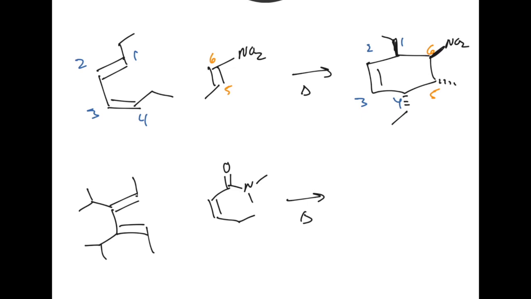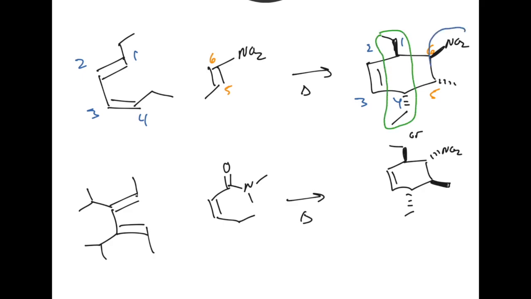So that means that you could have also written that, and that would also be correct, right? Even though they're different molecules, the relative stereochemistry between 1 and 4 is correct, and the relative stereochemistry between 5 and 6 is correct, but we're not worrying about comparing carbon 1 and carbon 6.